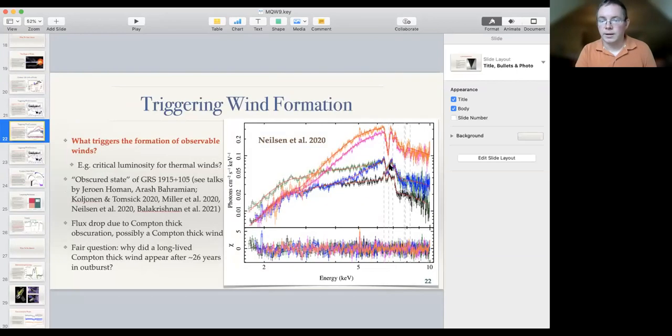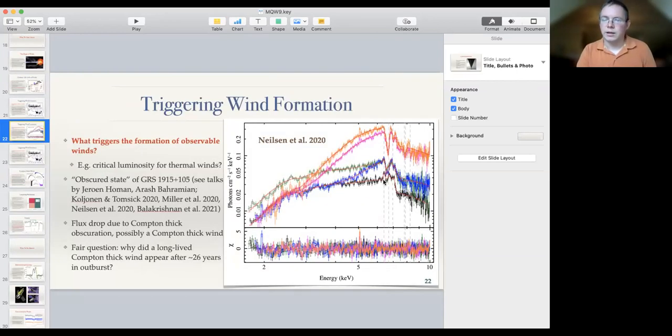Yes, one of the cases where we're really confident that there's Compton thick obscuration is this new obscured state of GRS 1915. If you look at the spectra at low luminosity, when you're really just looking at the scattered emission, or what we think is the scattered emission, let me pull it up here. You do see some emission lines, both cold and ionized.